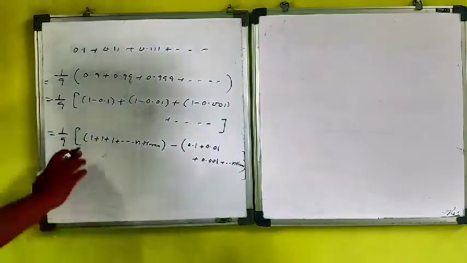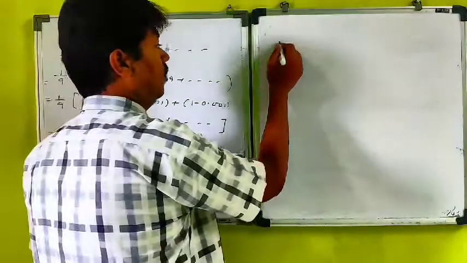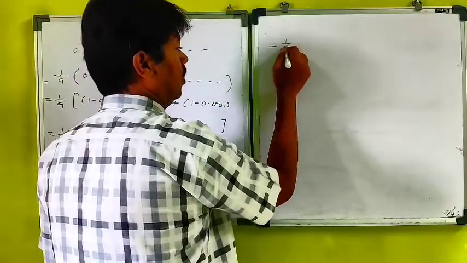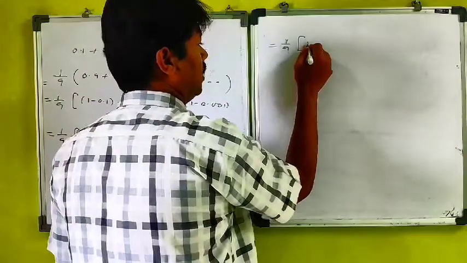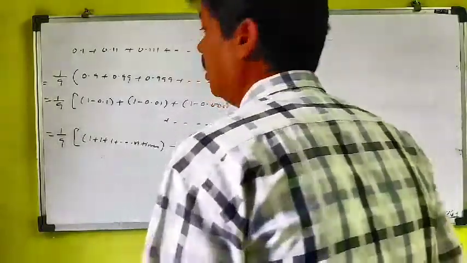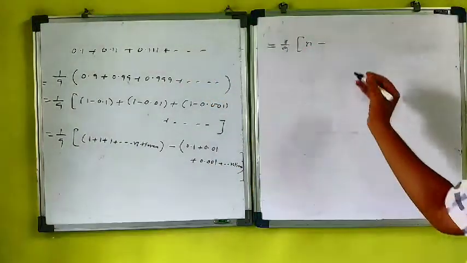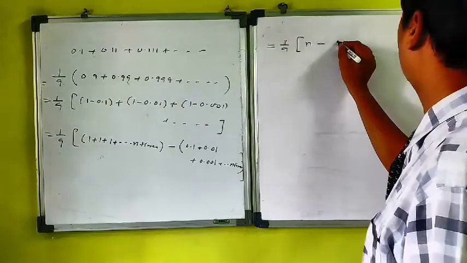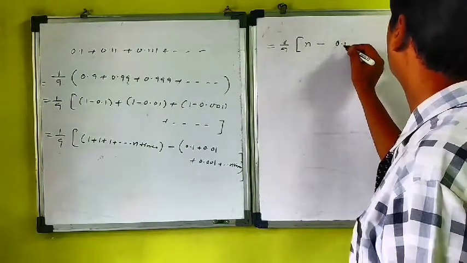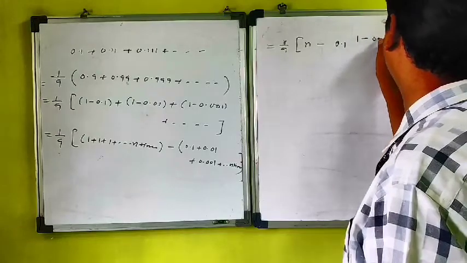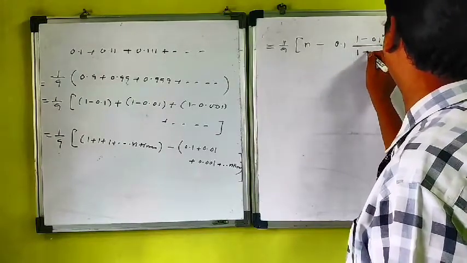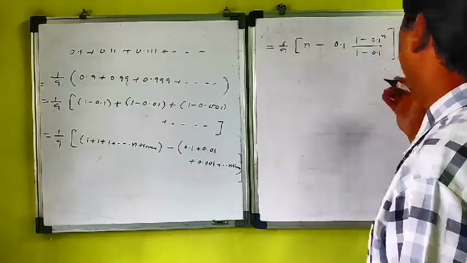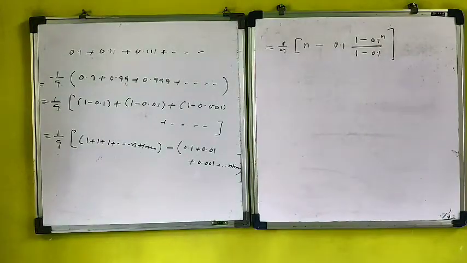So now this is clear-cut. 1 upon 9. 1, 1, 1 n times will give you n, but here it is a GP. So with 0.1 as the common ratio, the sum is 0.1 times 1 minus 0.1 raised to n upon 1 minus 0.1. That is our formula.